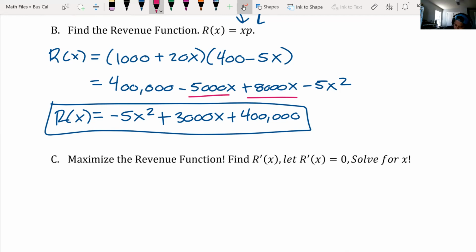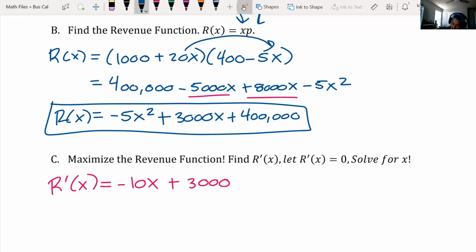So now we're going to take the derivative of the revenue function, which is above, which is negative 10x plus 3,000. Oh, did I miss the number? What did I do? Oh, I messed up.